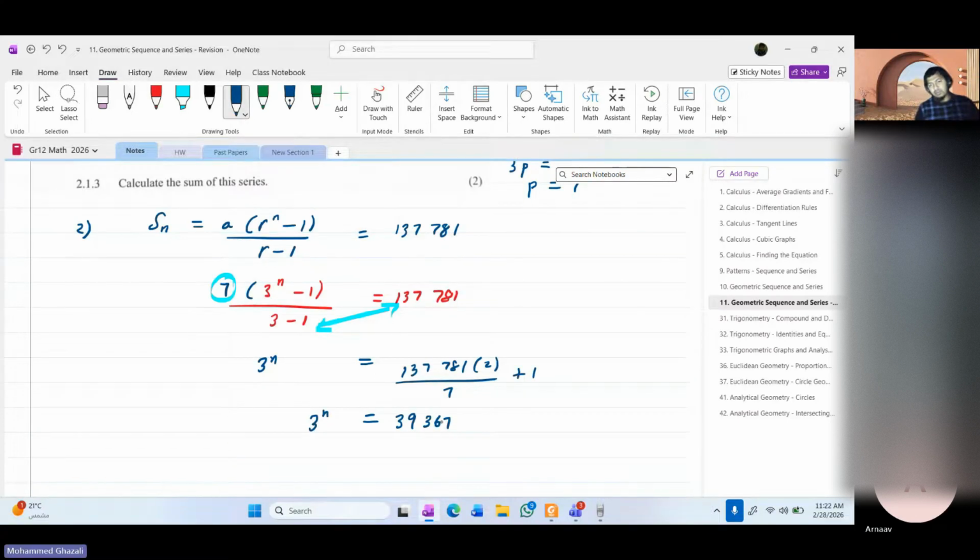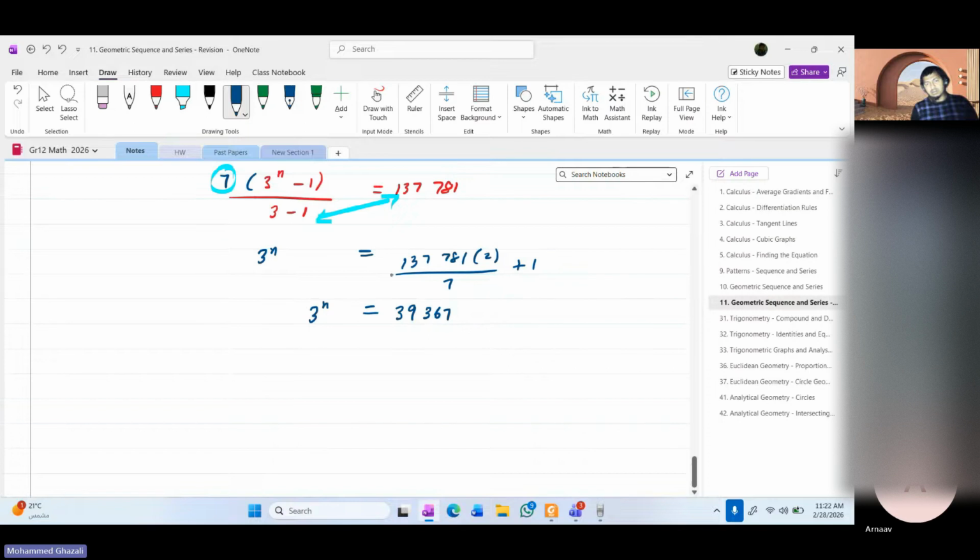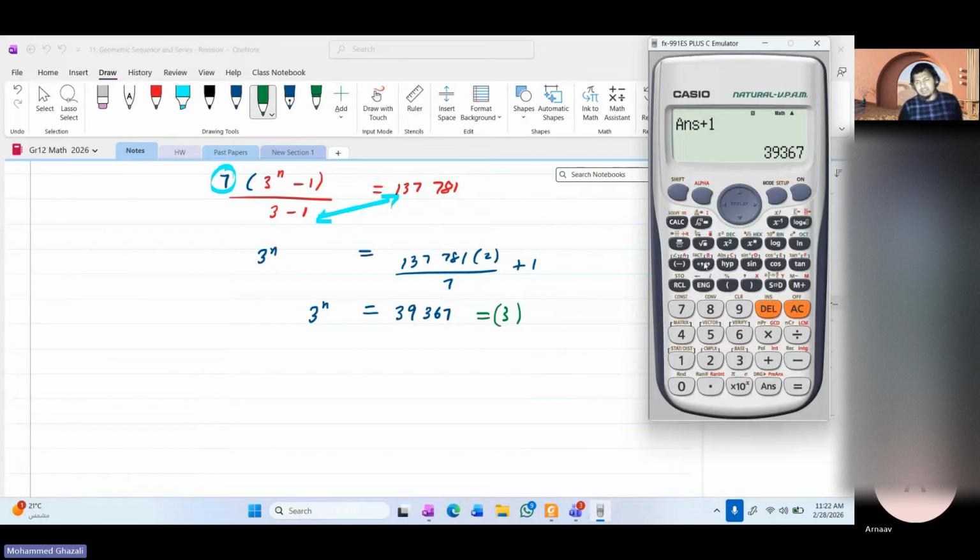Now, if you want to solve for n, you can just use logs, or you can put this number in terms of base 3. So think about this is 3 to the power what? Maybe it's 3 to the power 6, or maybe 3 to the power 7. I don't know. 3 to the power 8. Let's try 8. Nope. Maybe 3 to the power 10. Still no. 3 to the power 11.